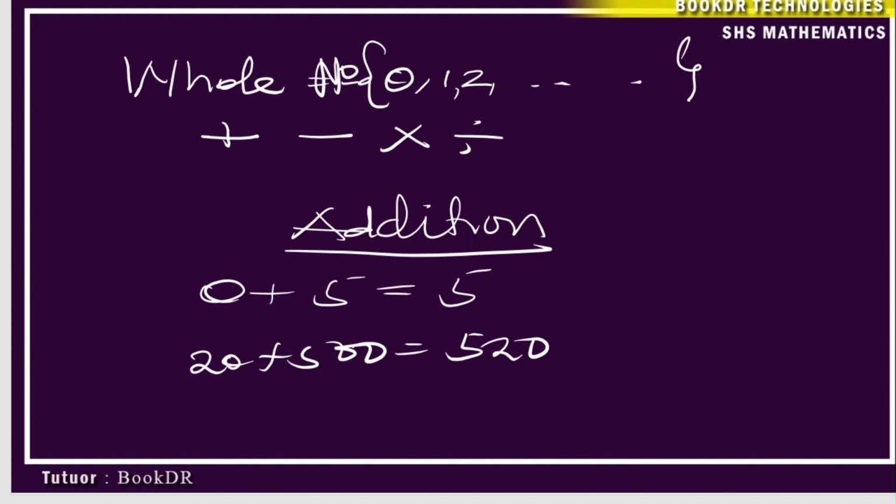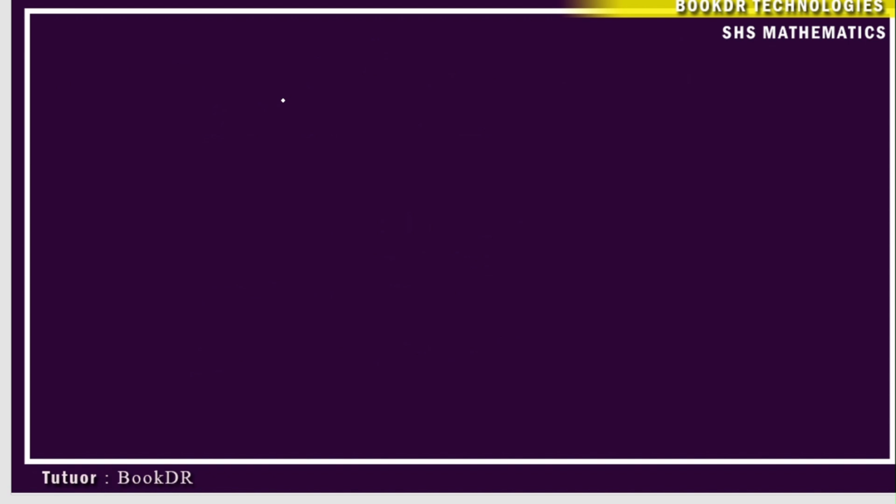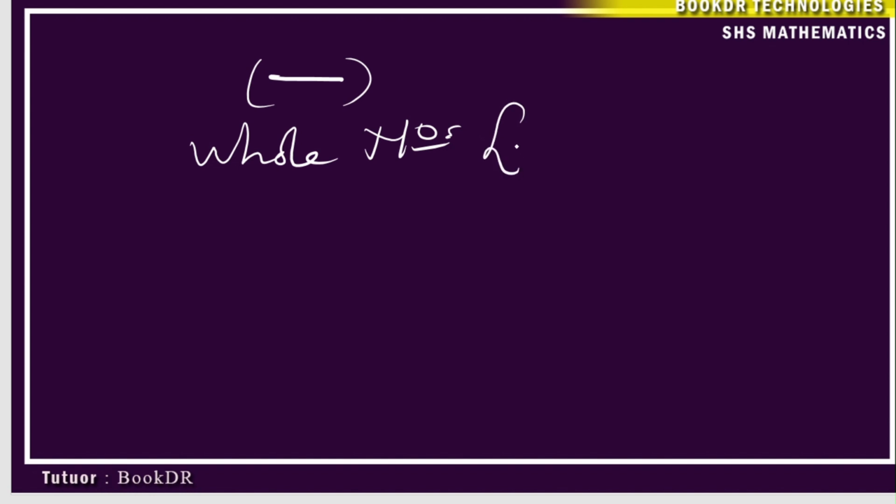Let's look at subtraction under whole numbers. We know whole numbers begin from 0 up to infinity. Can you see that subtraction is closed under whole numbers? Can you guess the answer?